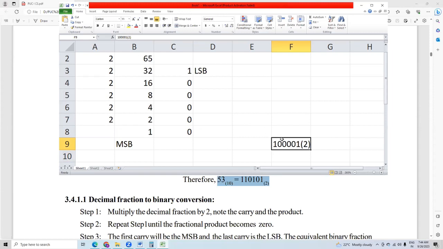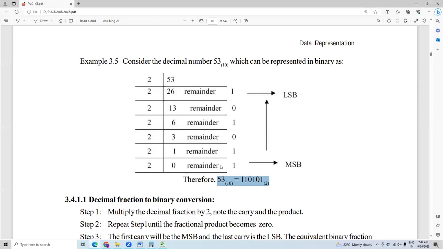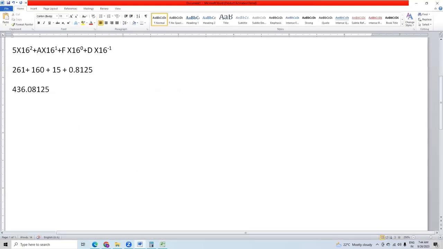So 65's equivalent binary number is 1, 5 zeros, 1, base 2. 65 is the decimal number and the equivalent binary number is this. How you have to write it: I'll show you in MS Word so that you can see clearly. 65 base 10 equal to 1, followed by 5 zeros, 1 base 2.